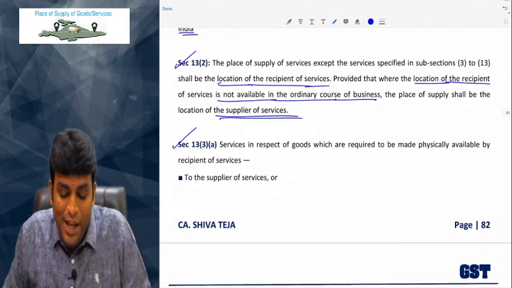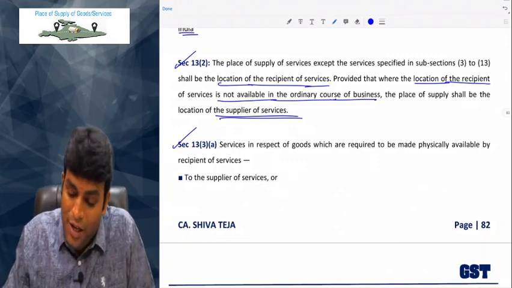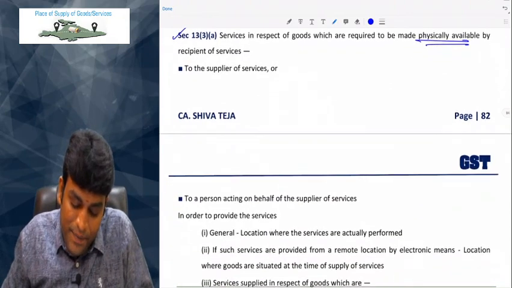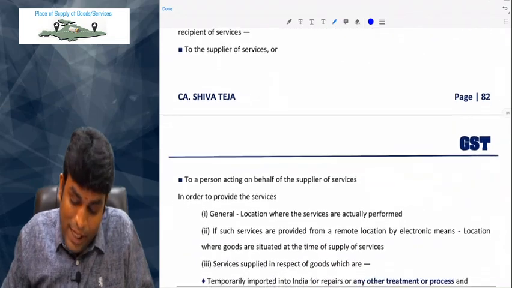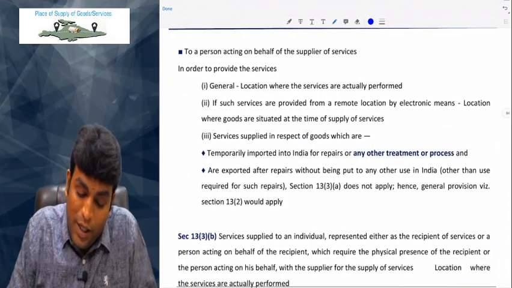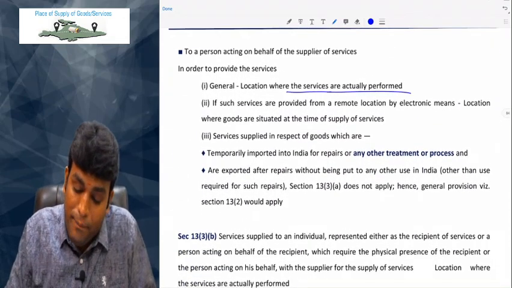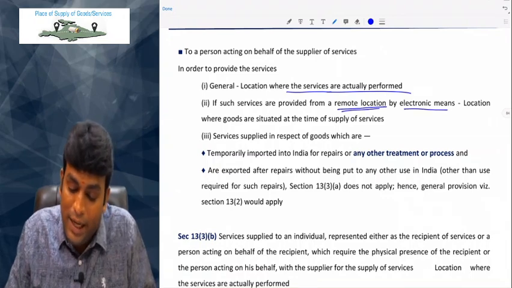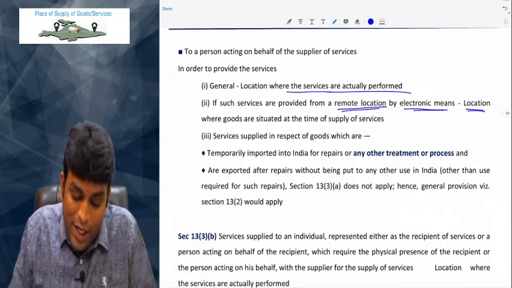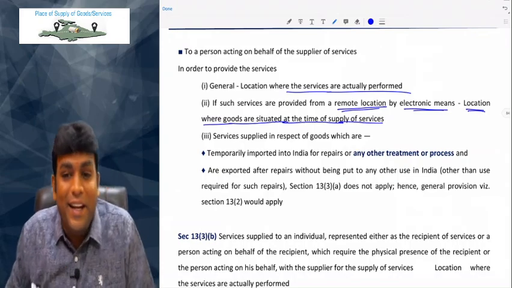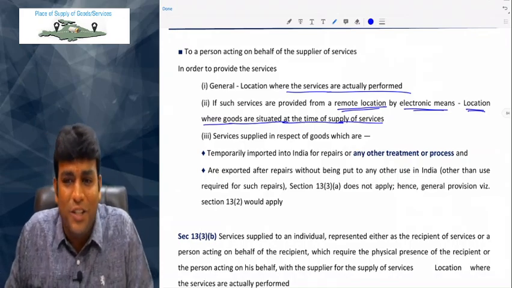And 13.3, we spent a lot of time already. Goods are physically made available. What is the answer? The place where services are actually performed. And if they are performed from a remote location by electronic means, then the location where the goods are situated at the time of supply of service. I taught this to you.